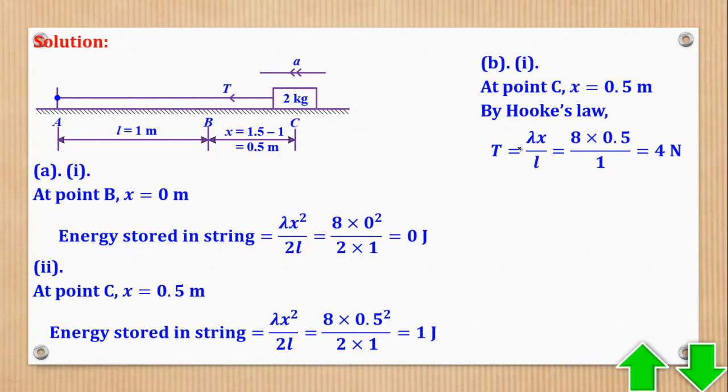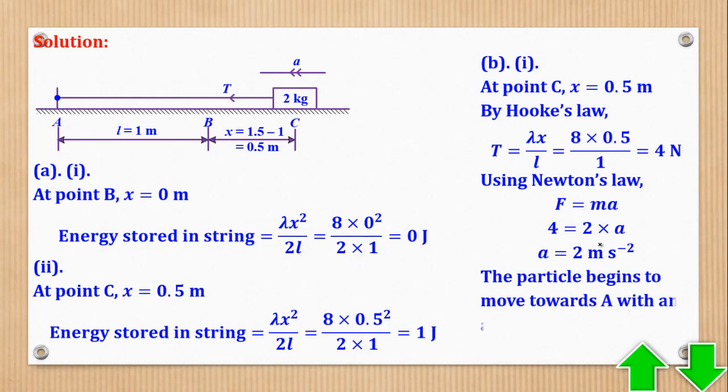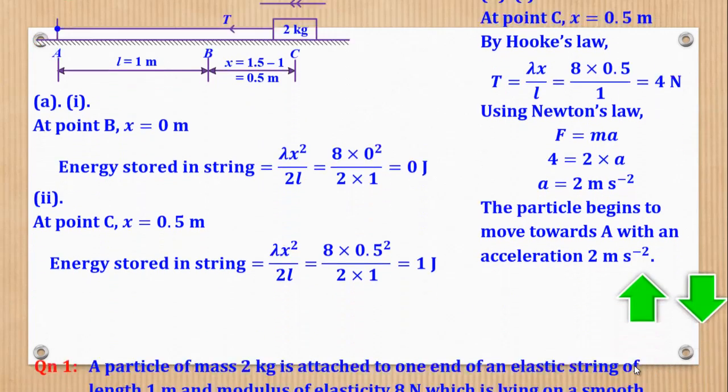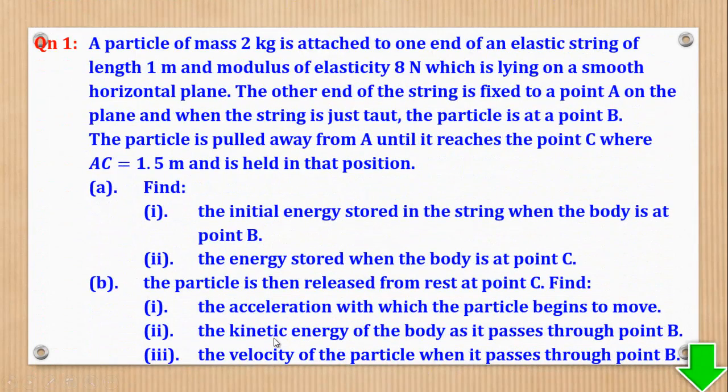After getting force, we use F equal to ma to come up with the acceleration they wanted. And that's what they wanted. That was Roman 1. Then Roman 2. The kinetic energy of the body as it passes through point B. And also Roman 3. The velocity of the particle when it passes through point B.